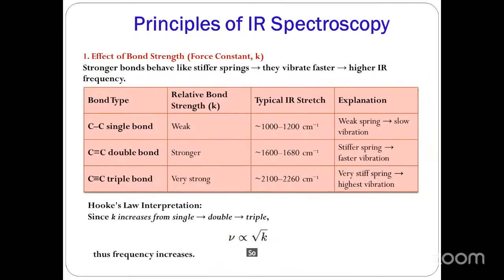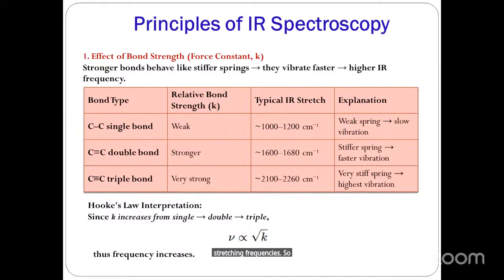So as I discussed with you, two important parameters are there, force constant and reduced mass. It is very important to understand the basics about the effect of bond strength, that is force constant, on IR stretching frequencies.